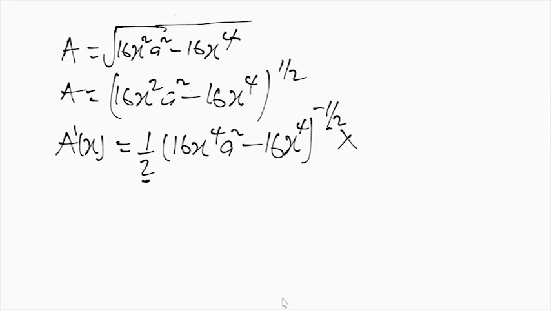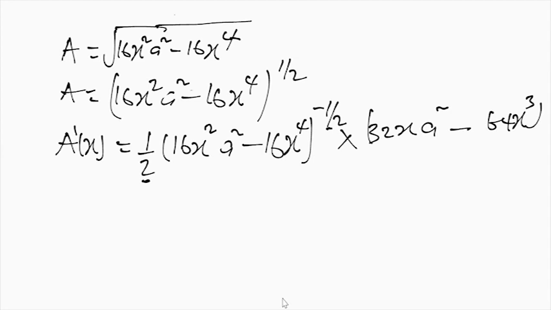So when you differentiate what you have in the bracket, automatically you have 32x a squared minus 64x cubed. So that's what you have.